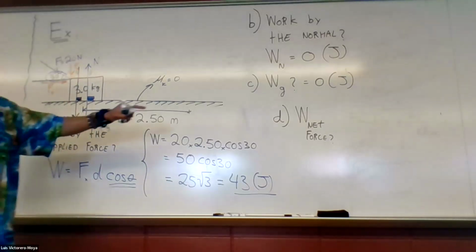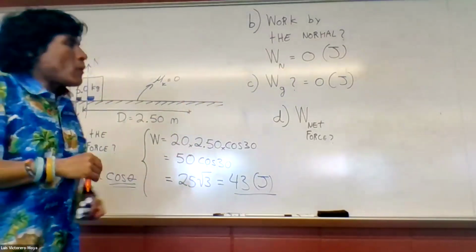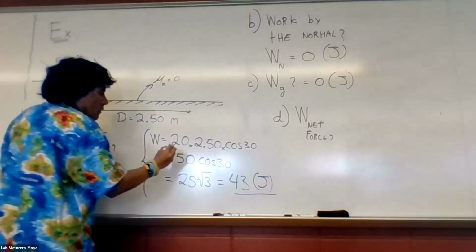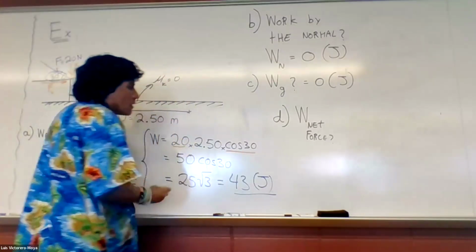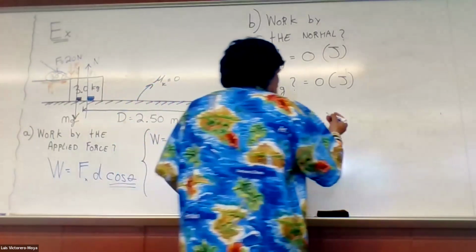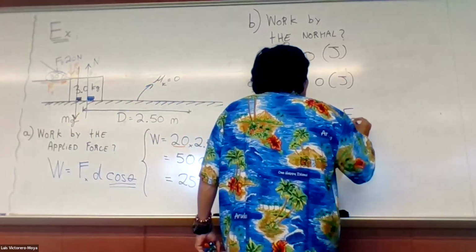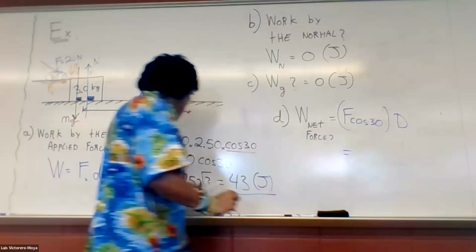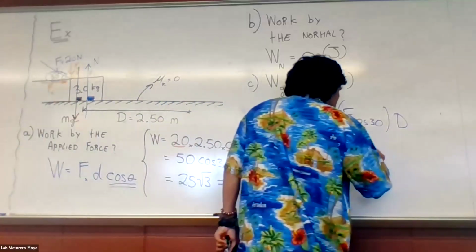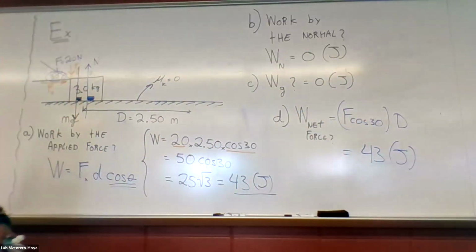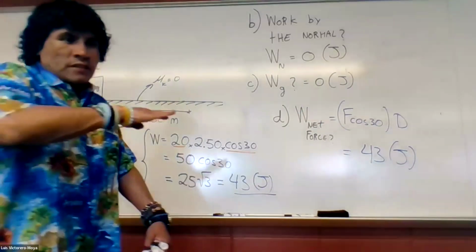But we already know that vertically there is no work. So don't worry about normal or Fy, just Fx. But wait, Fx is this, 20 cosine. So the work by the net force is F cosine 30 times the distance, which is the same as this. So it's 40 joules. All right? That's a very easy example to review the concept of work because it's just horizontal.